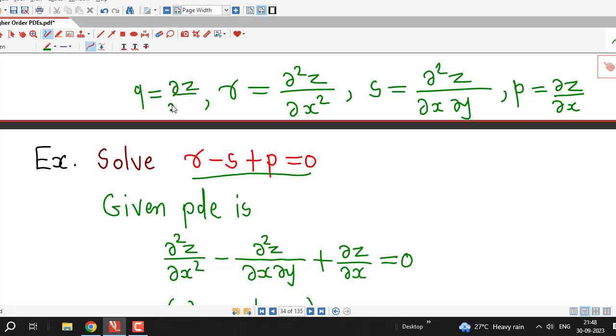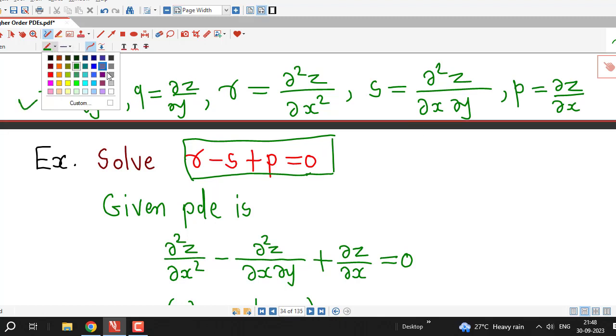Q is the notation for partial derivative with respect to y, and T is the second order partial derivative with respect to y. Sometimes they ask the problem in this type of notation also, so you must be familiar with all these notations.